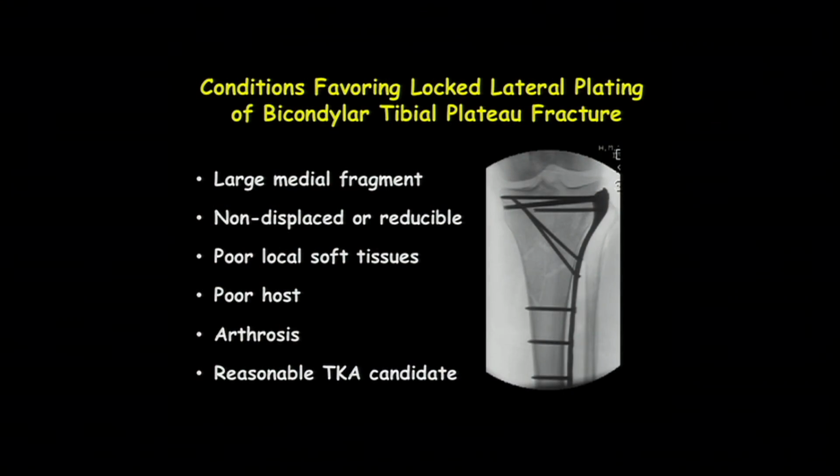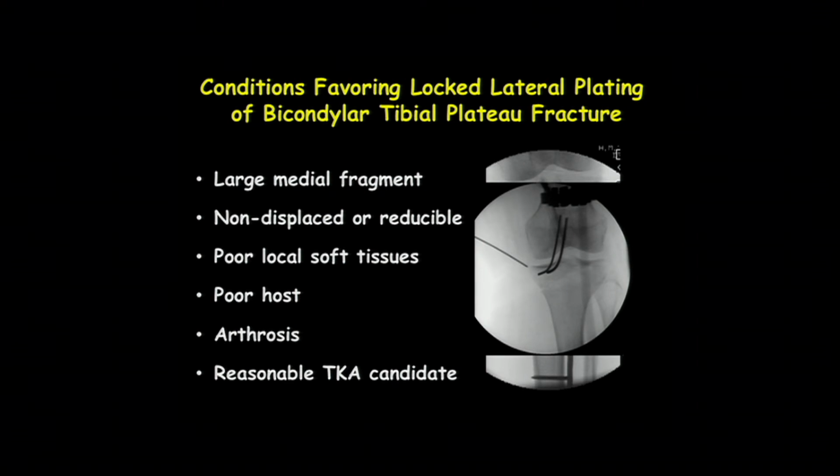What would be examples of where you might want to do this locked single lateral plate? Well, if you had a really large medial fragment rather than that smaller posterior medial fragment, where you might get substantial fixation on that part, that might be a more reasonable answer. If it's non-displaced or easily reducible, maybe that's okay.